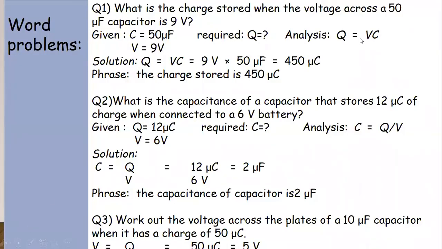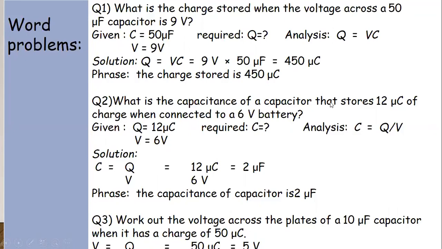Since Q is equal to CV, we apply the formula: 9 times 50 is 450 microcoulombs. The unit of charge is the coulomb, so it can store 450 microcoulombs of charge.